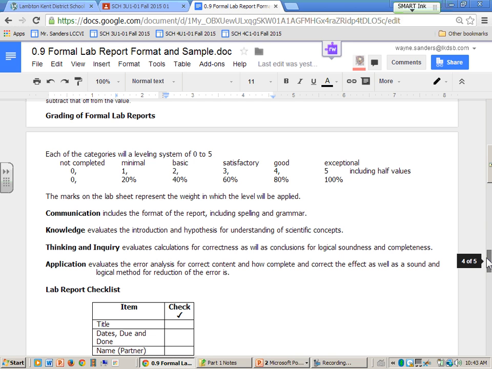Knowledge is going to be the introduction and the hypothesis. Is it full? Did you have a proper explanation? Thinking and inquiry is going to be the conclusions and the calculations. And application is going to be the error analysis. Yes?